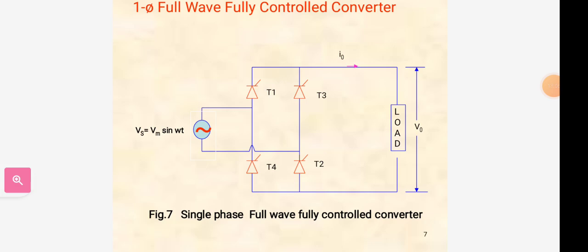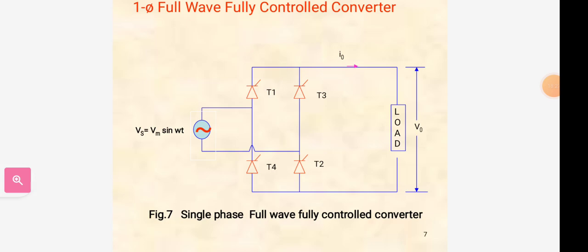During the negative half cycle, the thyristors T3 and T4 conduct from omega t is equal to pi plus alpha to omega t is equal to 2 pi. At omega t is equal to 2 pi, the load current becomes 0 and the source voltage is reversed. Therefore, the thyristors T3 and T4 are turned off by natural commutation.